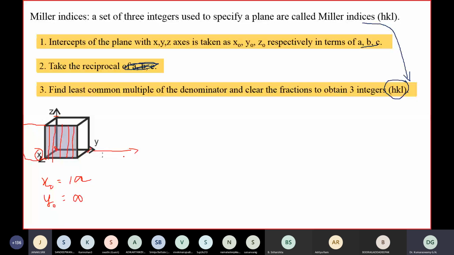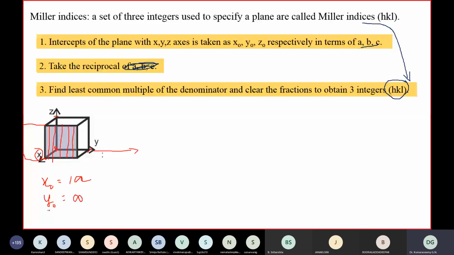So it is parallel to the YZ plane, right? Yes. It intercepts the x-axis at 1A and never intercepts the y-axis. Clear? Yes, sir.